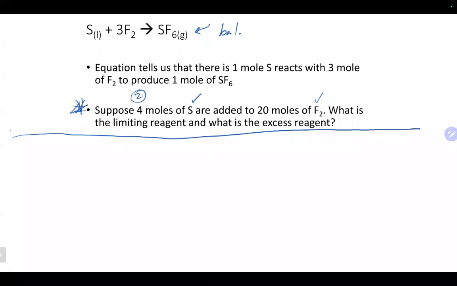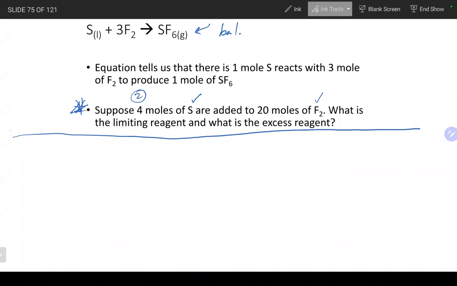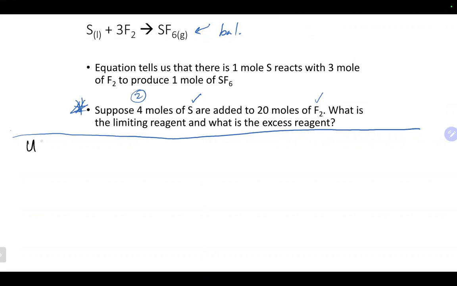So one way is you would do a simple stoichiometry problem to basically answer the question: if I want to use up all of my sulfur, how much fluorine would I need?